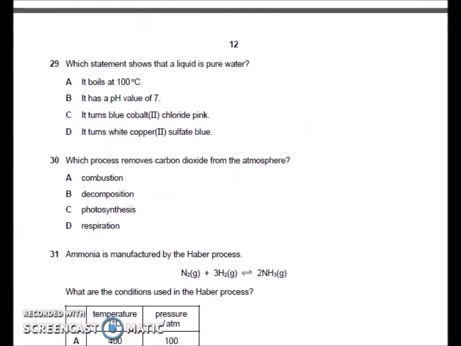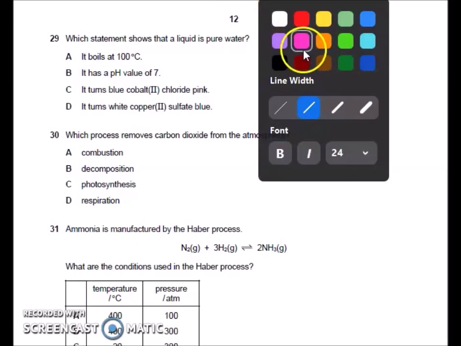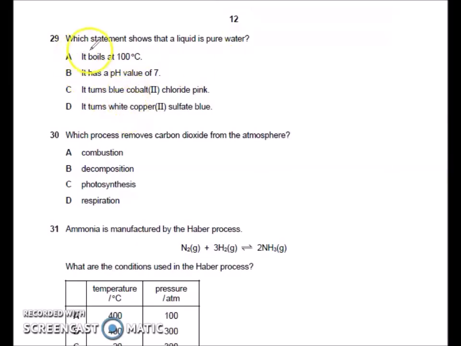Okay, which statement shows that a liquid is pure water? So we have to check here one by one. It boils at 100. It has a pH of 7. Blue cobalt chloride paper, this one does not determine the pure water.